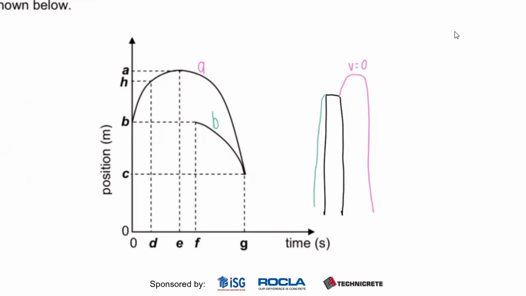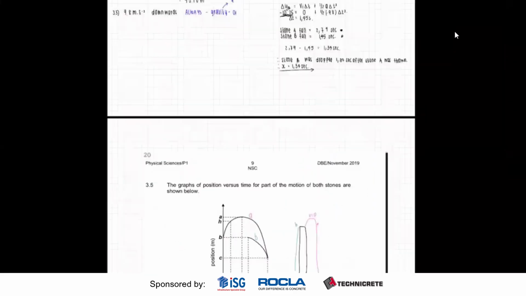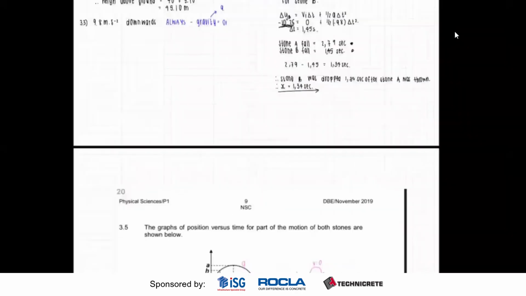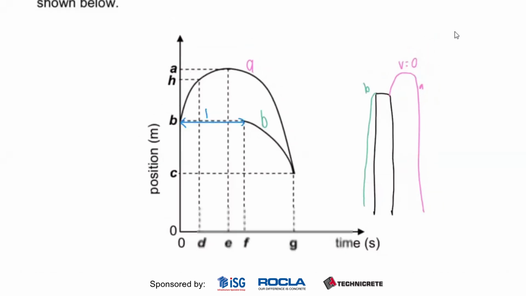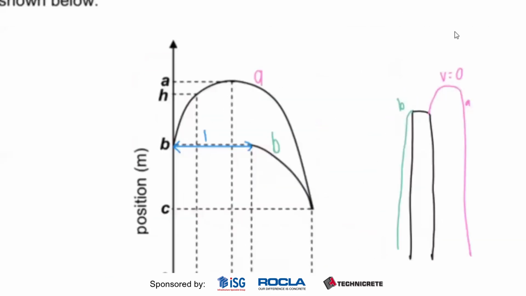And we know that stone B was dropped off the building. We worked out it was 1.34 seconds after stone A was thrown off the building. So the time from 0 to F is 1.34 seconds.